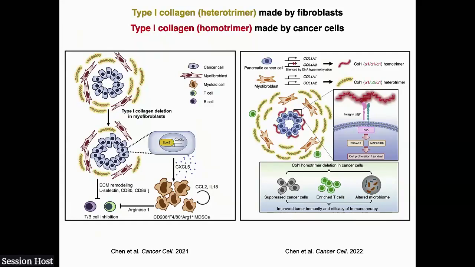In cancer cells, due to DNA hypermethylation and silencing of the COL1A2 gene, cancer cells only express the COL1A1 gene, leading to the alpha-1 chain forming the type 1 collagen homotrimer, which is abnormal and oncogenic. On the other hand, fibroblasts, as well as all the fibroblasts in our normal body, express both COL1A1 and COL1A2, leading to synthesis of the normal type 1 collagen, the heterotrimer format.